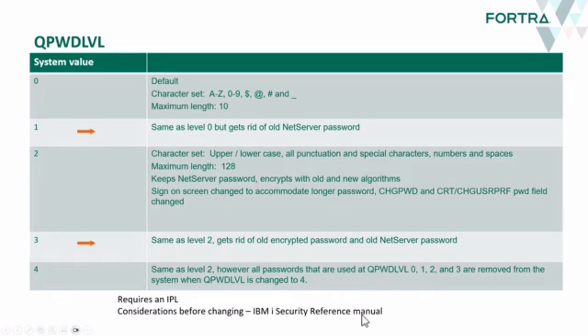The big thing with password level 4 is that it does now use a higher encryption of SHA-512 so that the hash is even more protected. Some other considerations, if you have your own applications that might be using password substitution, they may have to be reworked to become compatible with this new password level.